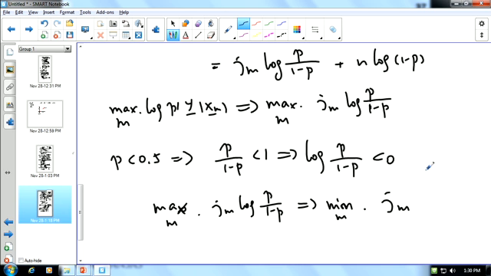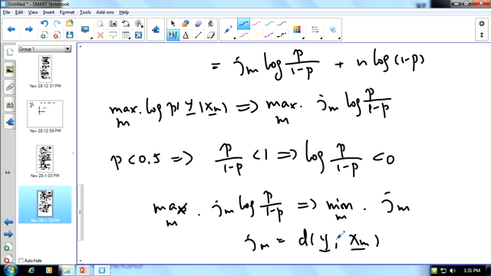Okay? And what is j? J is the Hamming distance between y and xm. So the optimum hard decoding, not surprising in the end, it tells us we need to minimize the Hamming distance.